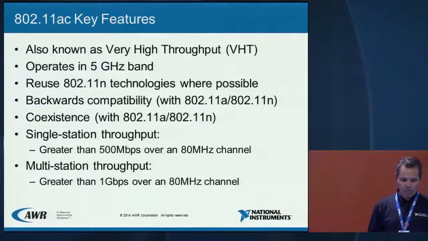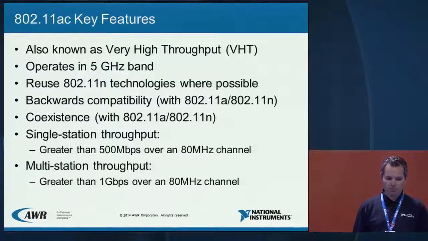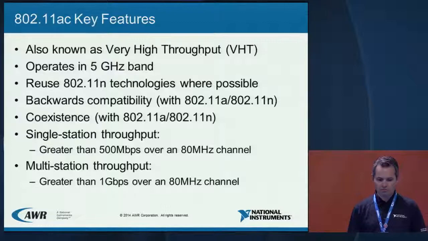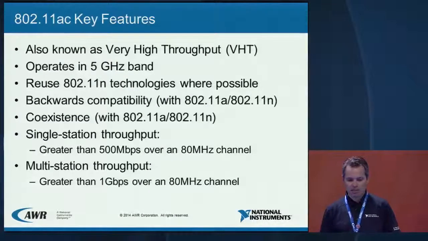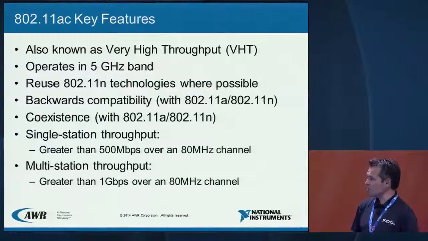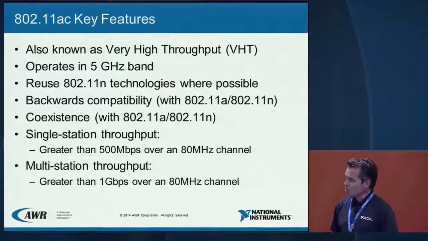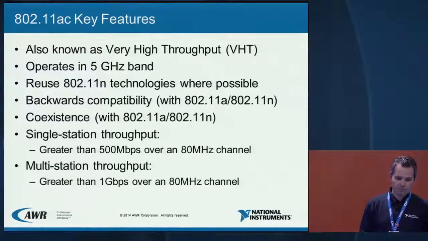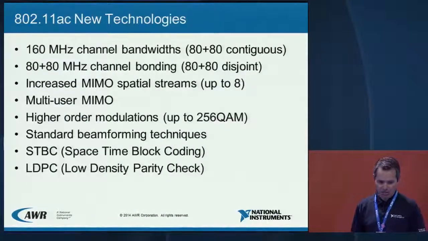Some of the modes that it provides are the single station throughput, which provides throughputs over 500 megabit per second over an 80 megahertz channel, and also the multi-station throughput, which provides throughputs of 1 gigabit per second over an 80 megahertz channel.